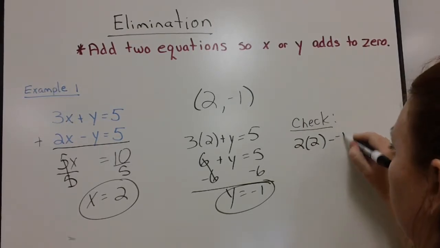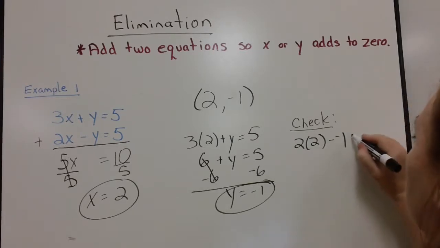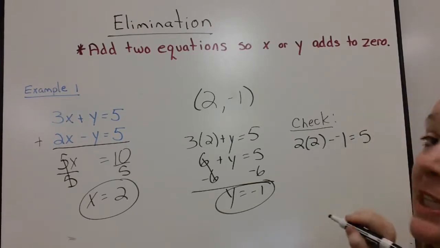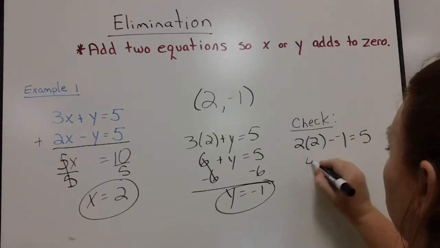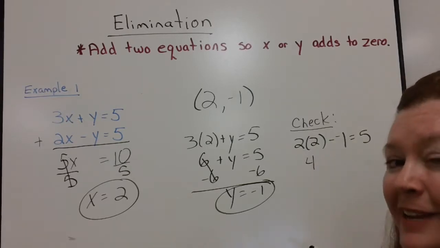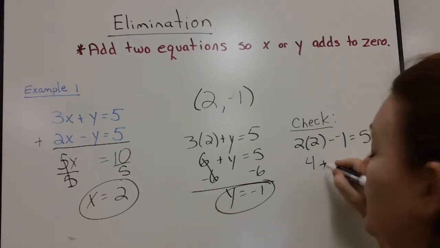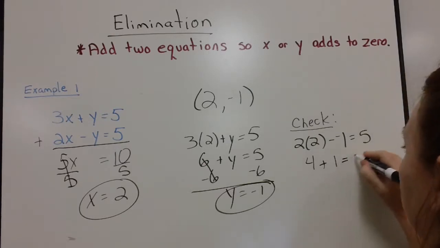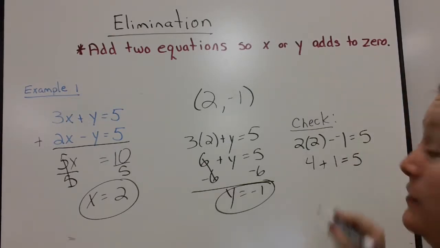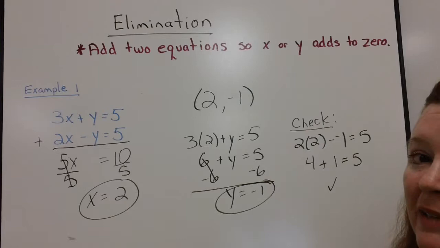I have to be very careful when I put that in, equals 5. Well, let's make sure. 2 times 2 is 4, minus a -1 is plus a +1, and 4 plus 1 is 5, so I know I'm right.